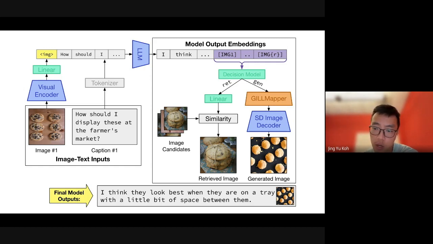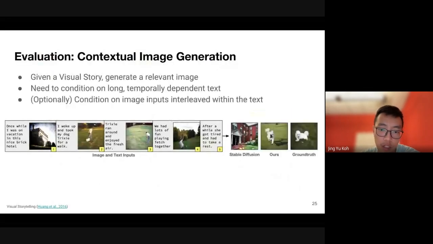We show that you can bootstrap interleaved image-text capabilities. Even though we train on just captions, you can process image-text data, but it would be a lot better if you train explicitly on interleaved data. So things like multimodal C4 and IDEFICS would help a lot, and it would be very useful to explore this in future work.